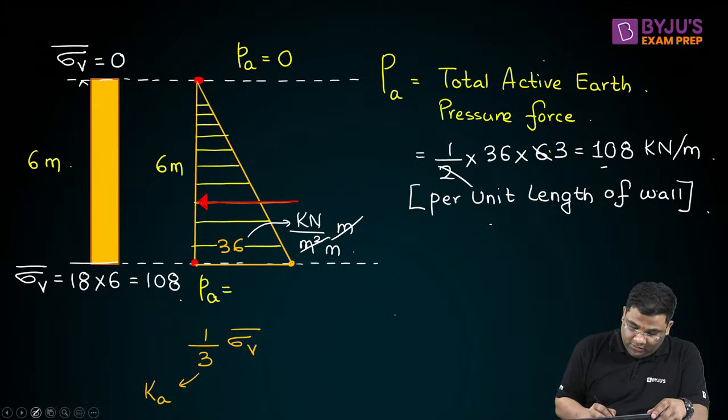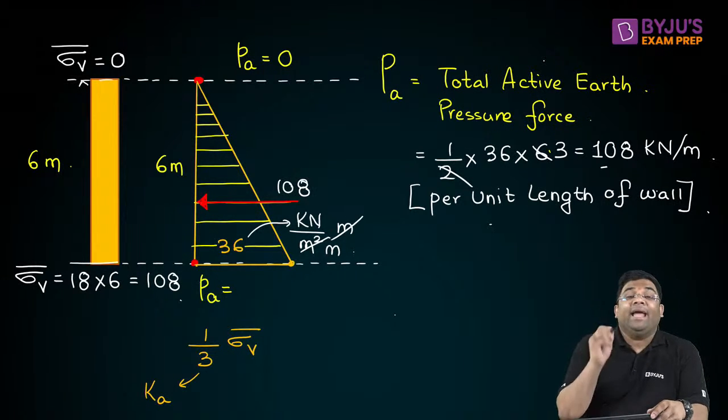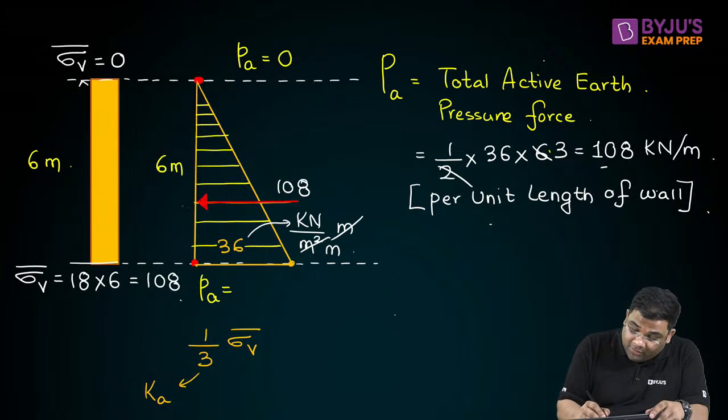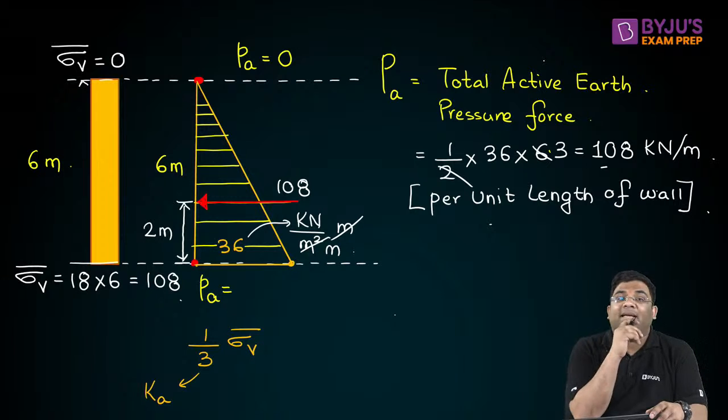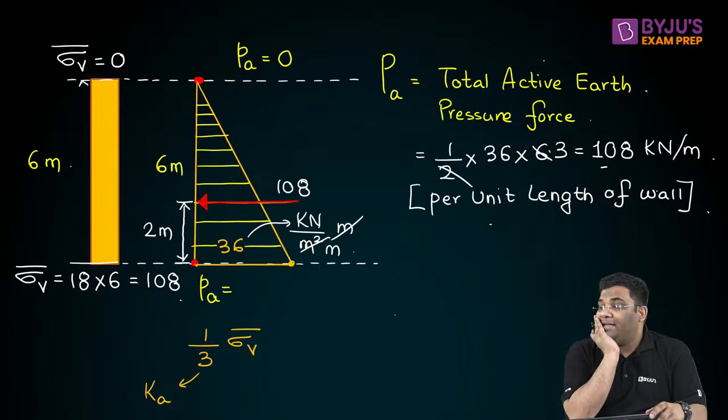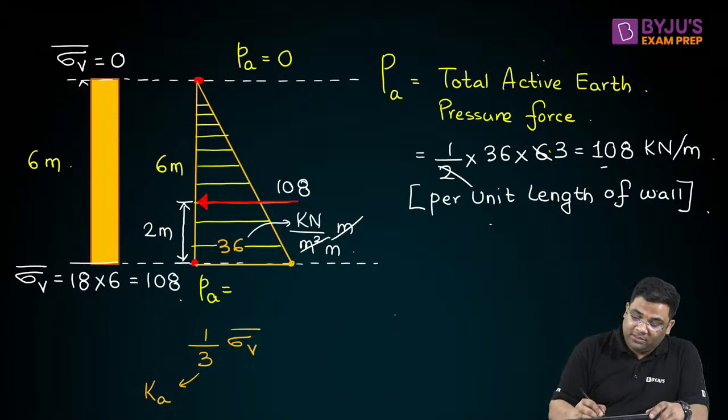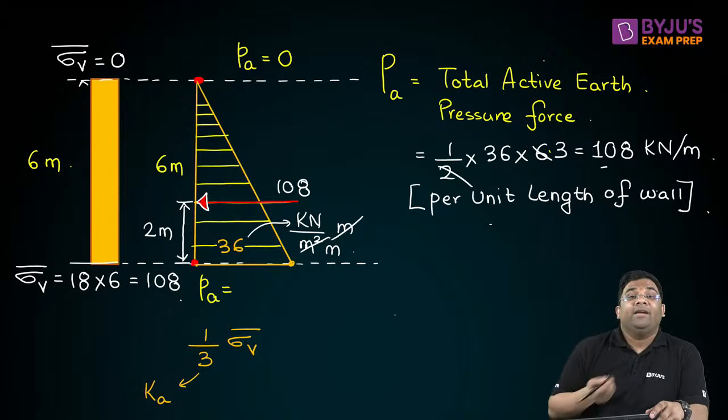So this total force in the first case will lie at h by 3, that is 6 by 3, equal to 2 meter from the base. Because it is straightforward, a triangular distribution.